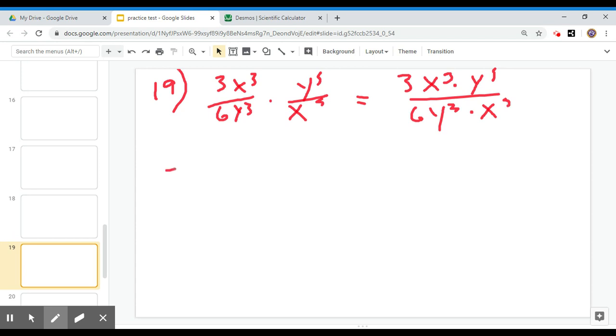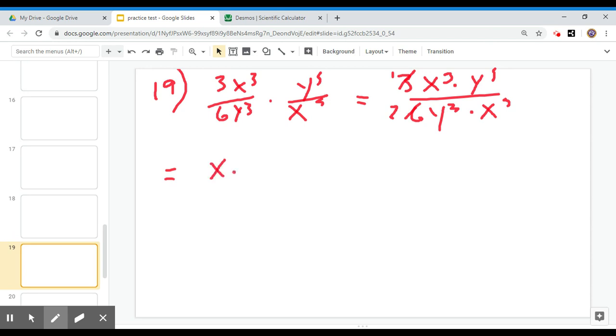All right, and then first thing I would like to do is reduce the coefficients. So we have a 3 and a 6. I can reduce that by 3, and I get 1 over 2. And then what we will do is, I think what made sense to a lot of people is writing out how many of each of these we have.